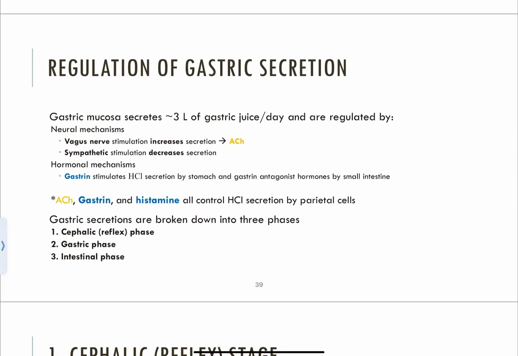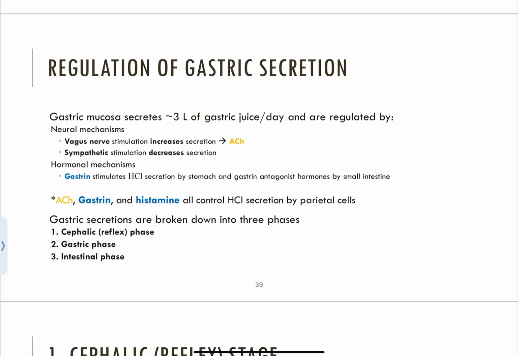So now we can talk a little bit about the regulation of gastric secretions. Typically, our gastric mucosa will pour out as much as 3 liters of gastric juice. This is a huge amount. We have both neural and hormonal mechanisms that help control gastric secretion. If we're talking about the neural mechanisms, it's going to be our vagus nerve. When our vagus nerve is stimulated, that's going to increase secretion, leading to acetylcholine being released.